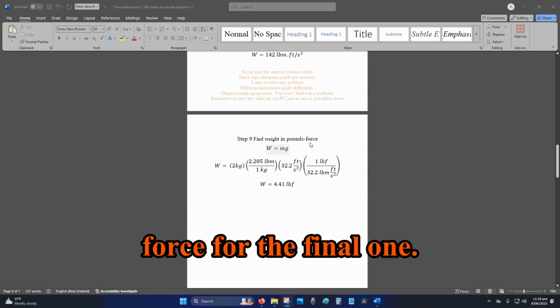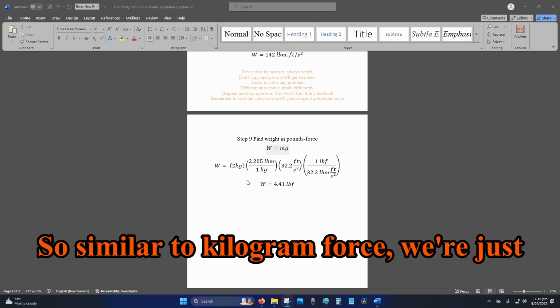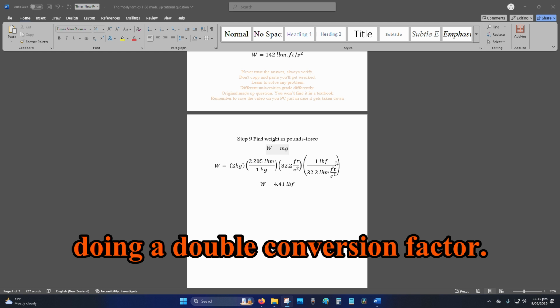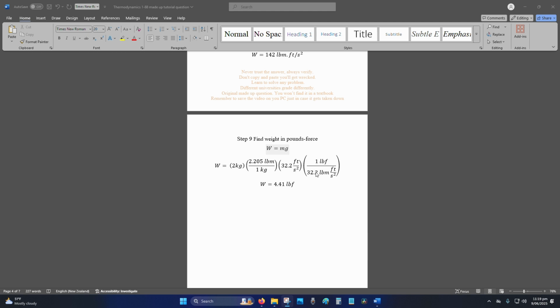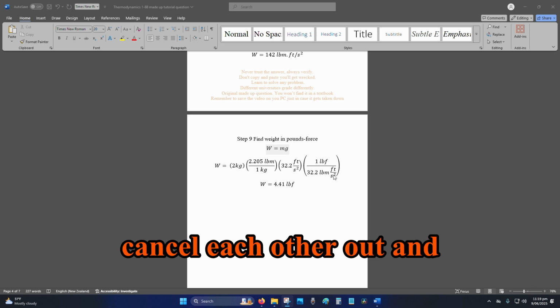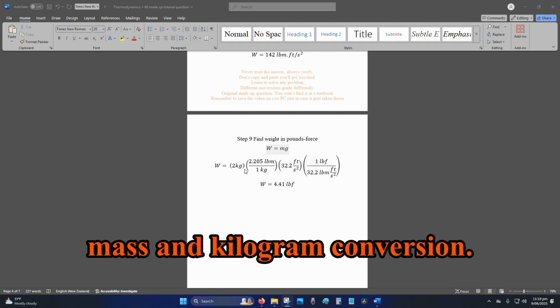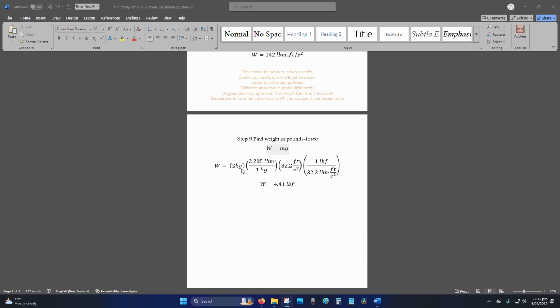Alright, and it's pound force for the final one. So similar to kilogram force, we're just doing a double conversion factor. So you've got your gravity, which will cancel each other out. And then you've got your pound mass and kilogram conversion.